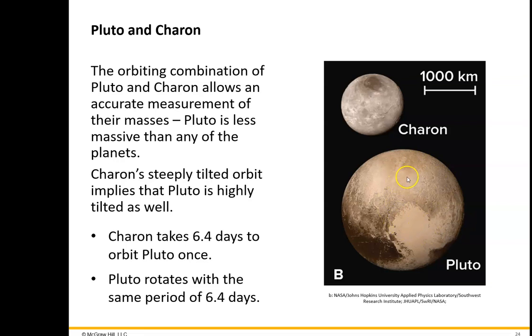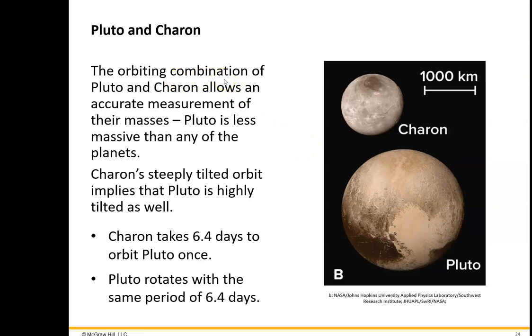Pluto's not considered a planet, it's a minor planet. Actually, Pluto has some other really tiny moons. One of them is called Nix. They're little tiny things, about the size of asteroids, whereas Charon is pretty large compared to the size of Pluto.